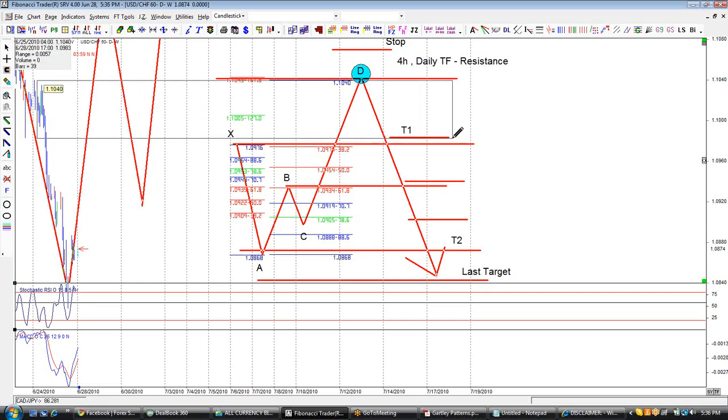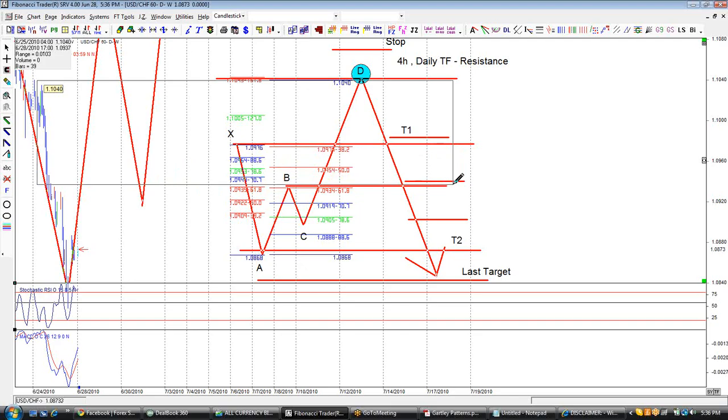Now to target 1 we have almost 60 pips. Note how even now with this pattern, even target 1 has almost double the risk-reward ratio. This is an amazing pattern. It holds a lot of potential, big profits, small stops, huge risk-reward.